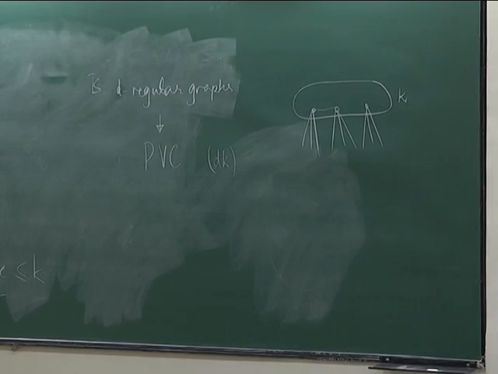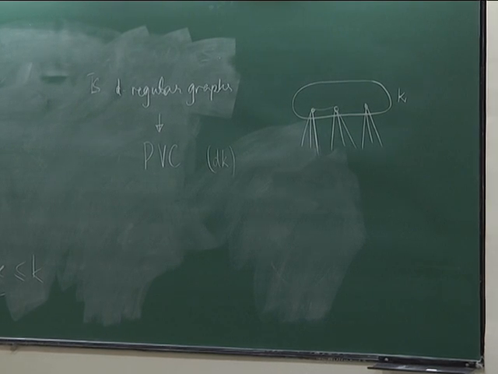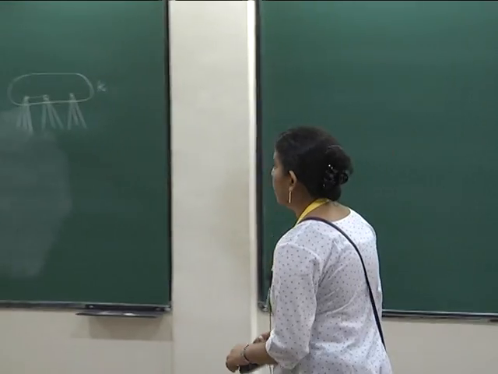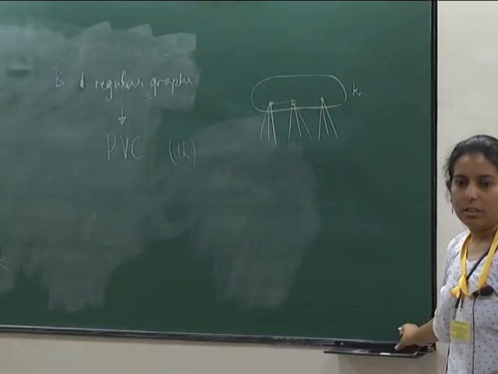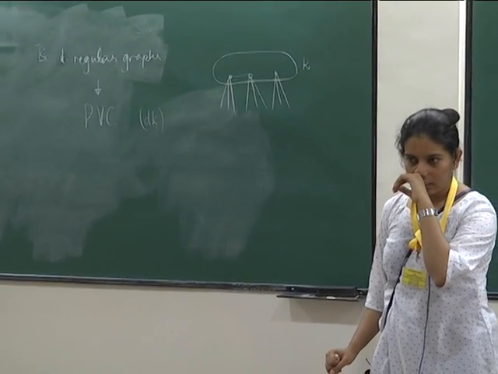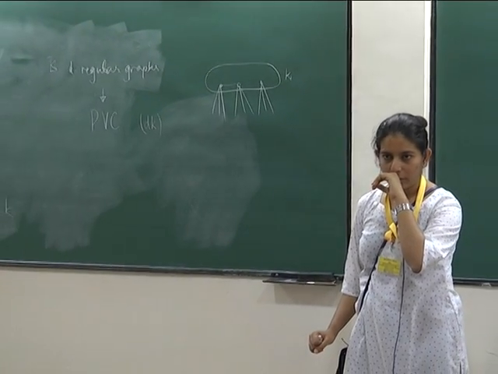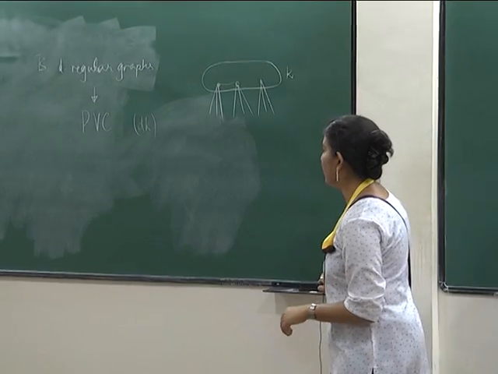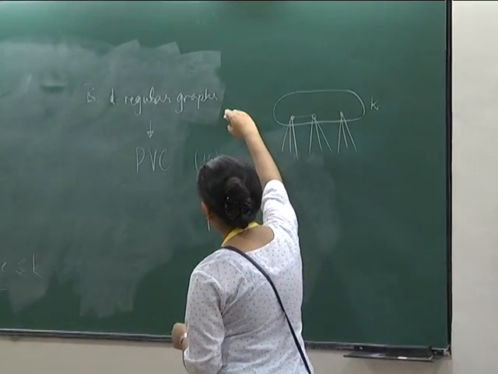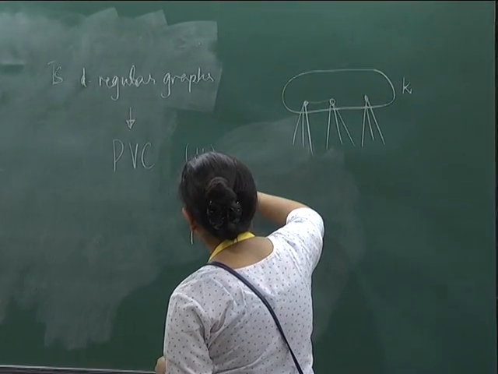So parameterized by the number of edges to be covered, it turns out to be hard. Sorry, S is the number of edges to be covered, right? Wait, chances are that I've made a mistake. One second. So what did we parameterize by here and here?